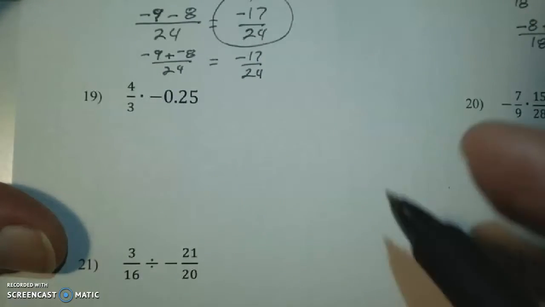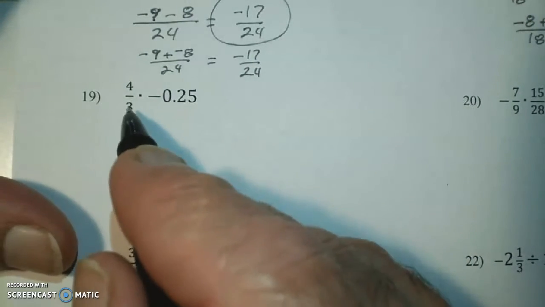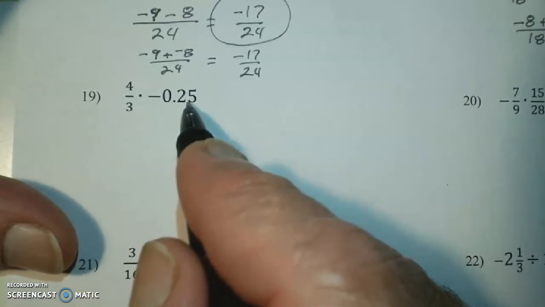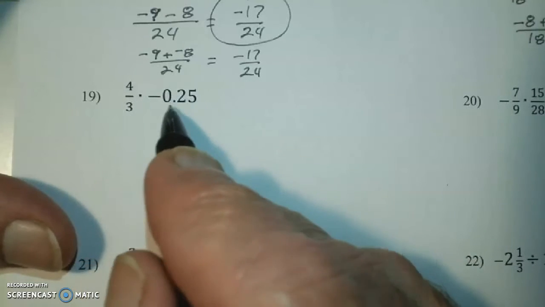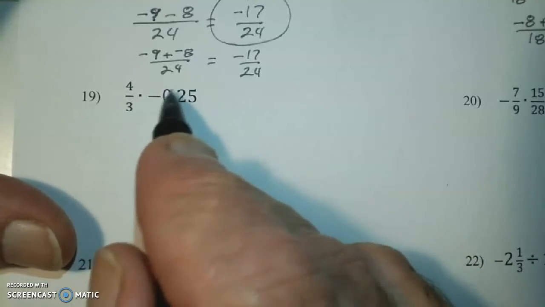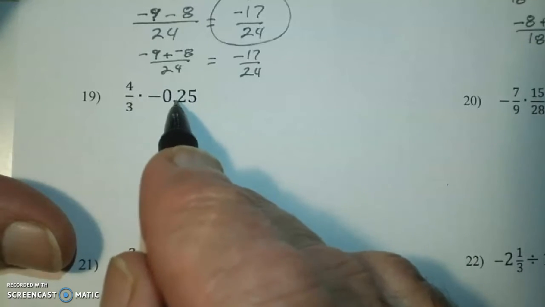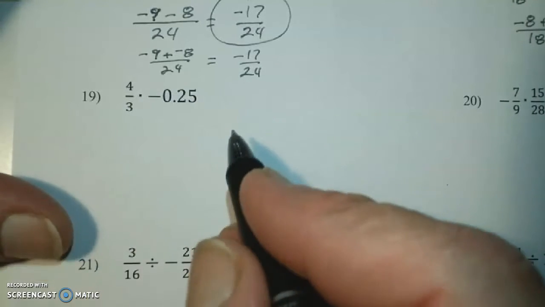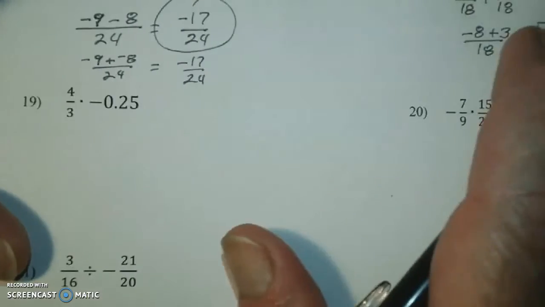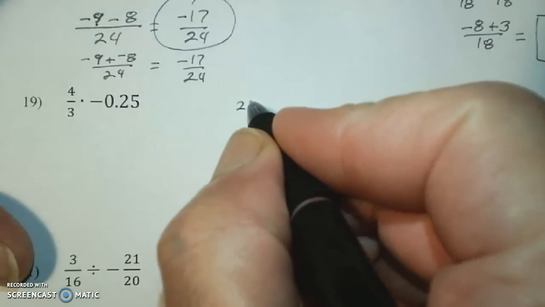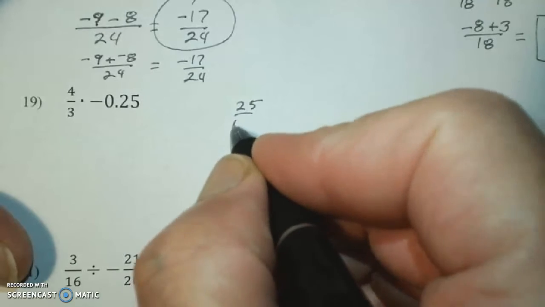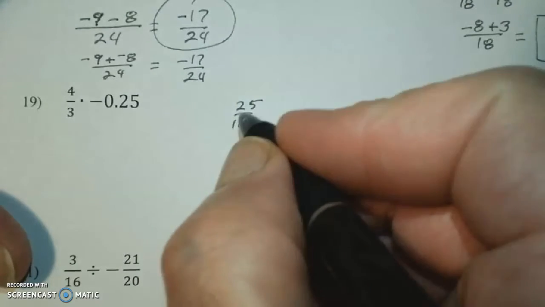Number 19, multiplying a fraction times a decimal. I would urge you to change this decimal into a fraction. I'd hope you would know what that is, but if you didn't, you'd come off to the side and say, okay, 25/100ths, and then reduce. I'm going to speed it up.